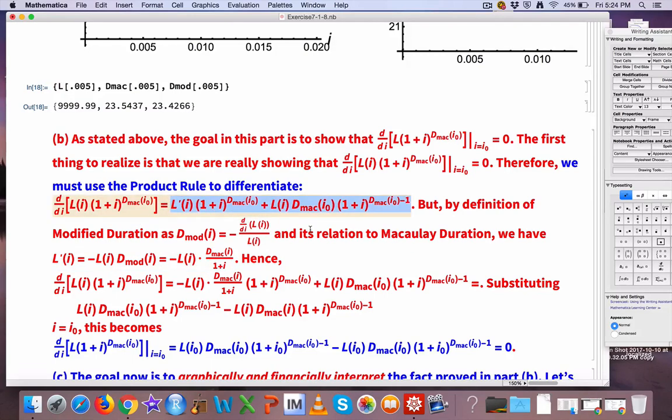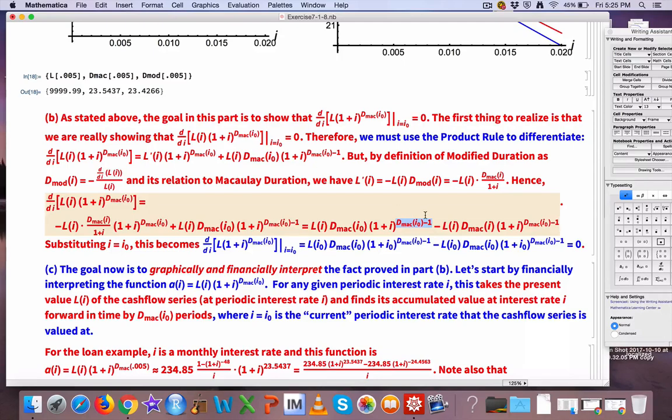In this formula up here, we can replace the L prime of i with what you see here. And that's what I did right here. So you get this derivative. But now we want to substitute in, which can be rewritten like this. So that can be simplified by this 1 plus i being absorbed into here by subtracting 1 from this exponent, which is what you see here. Let's make this smaller again. And now we substitute in i0.